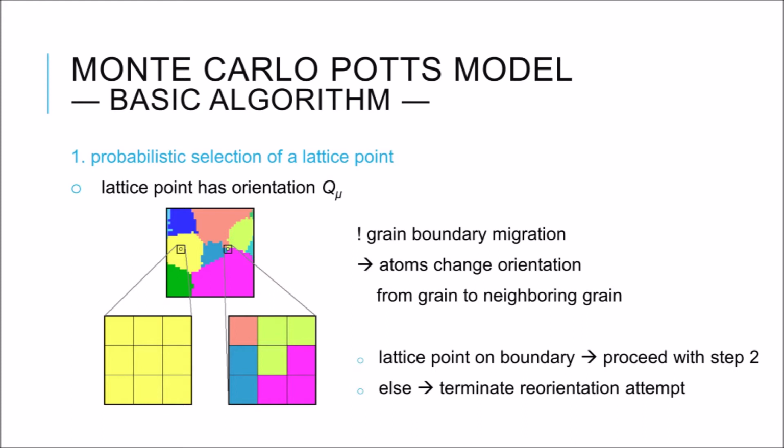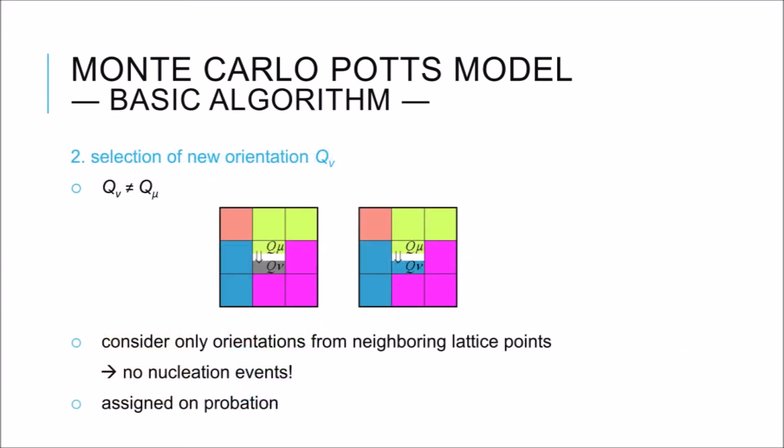Let's say we have the case as shown here on the right hand side. We've picked a lattice point that is on a boundary. Let's go to step number 2. Now we select a new orientation, Q nu, which is supposed to be different, of course, from the original orientation, Q mu.